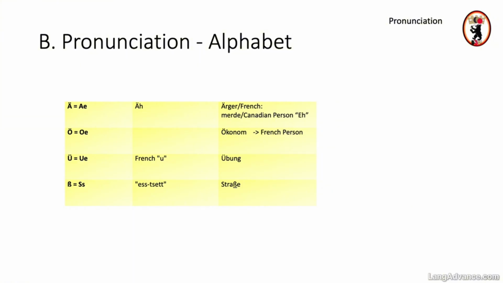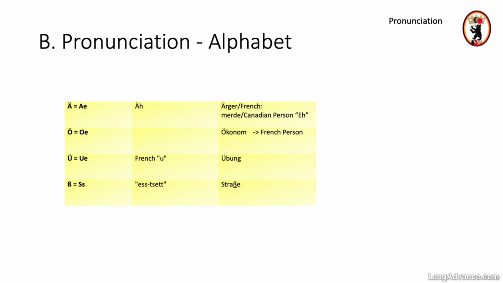Now we are moving on to the unique extra letters that German uses. The first three are called Umlaute. If you need to type them, but you don't use a German keyboard, you can type them also as AE, OE, and UE.